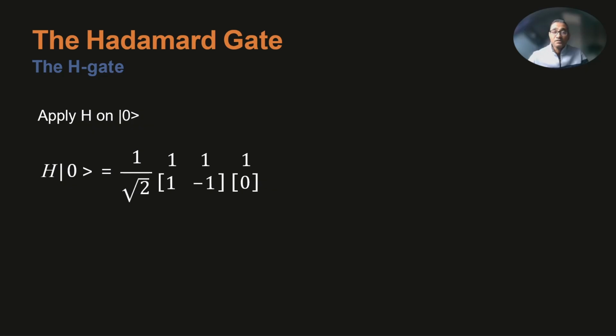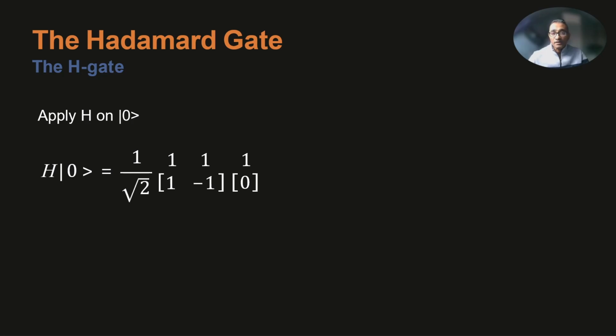If we, for example, apply this on state 0, what we see is a combination of matrix and vector multiplication, and we want to see what output it will give.